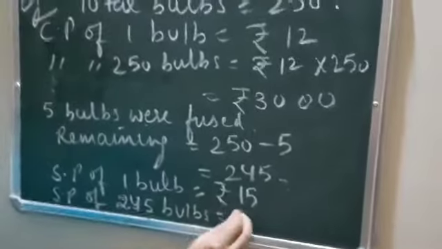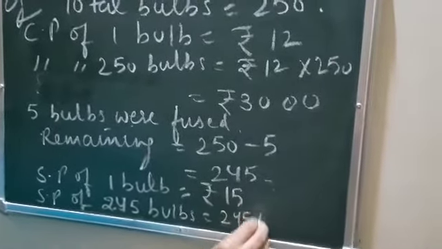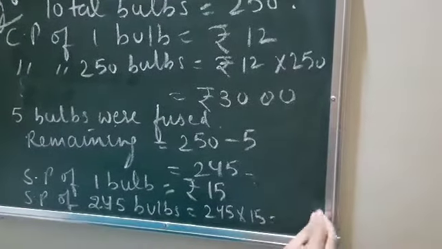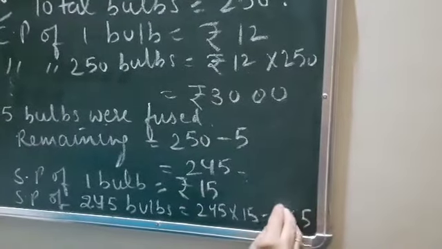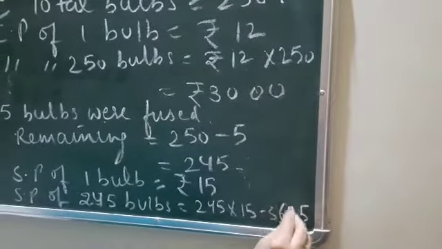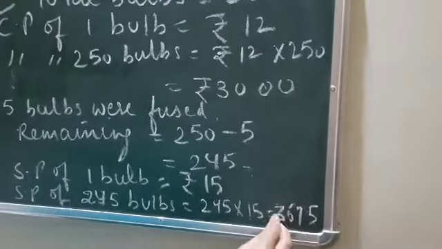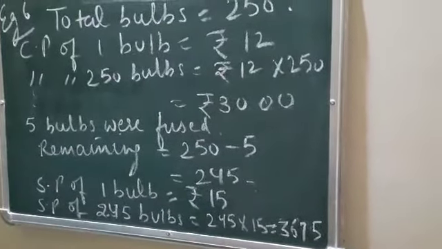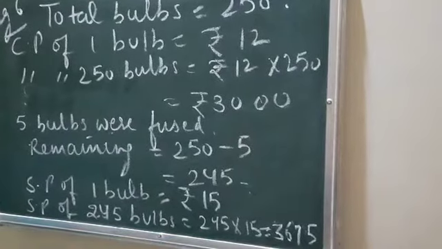So SP of 245 bulbs will be 245 into 15, which will be 3675 rupees, right?